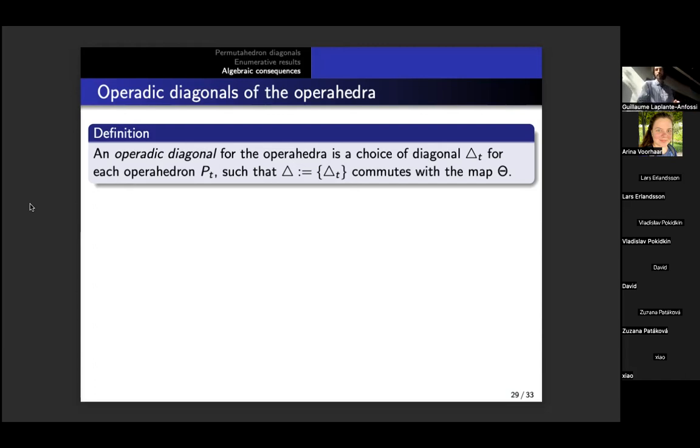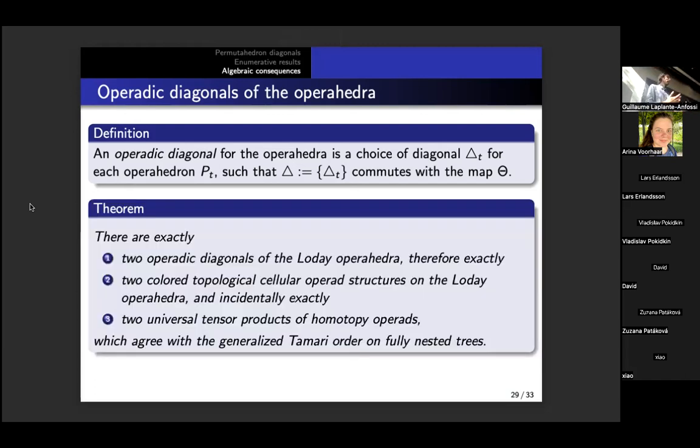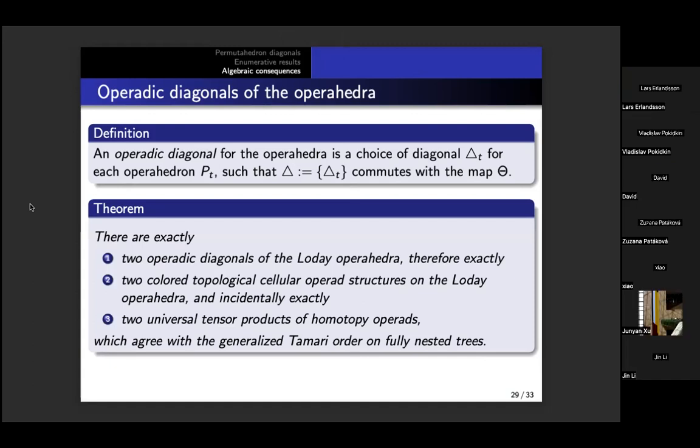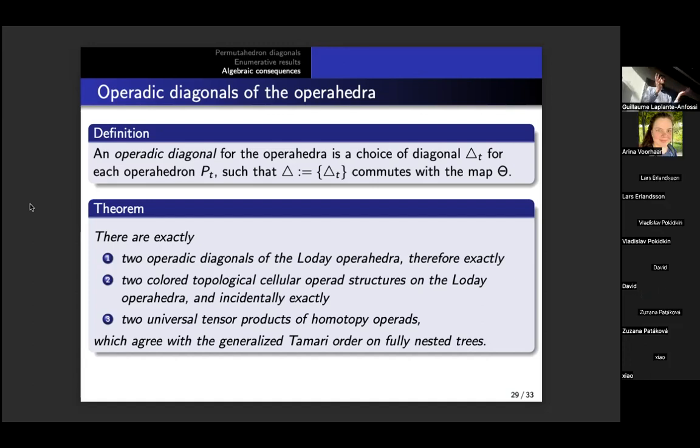And the preceding result implies that there are actually only 2 choices. You need to choose the same one for all of them. If you want them to be organized into an operad structure, you need to make the same choice for all of them.